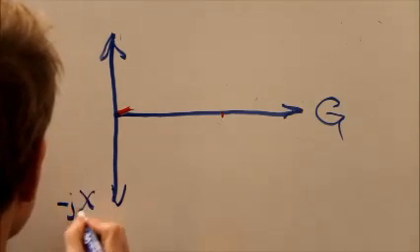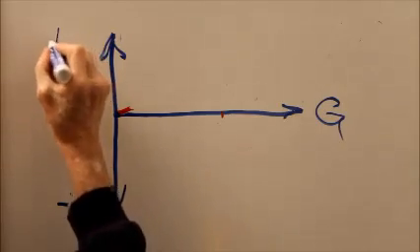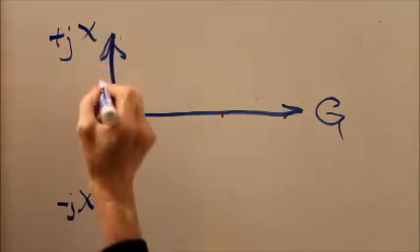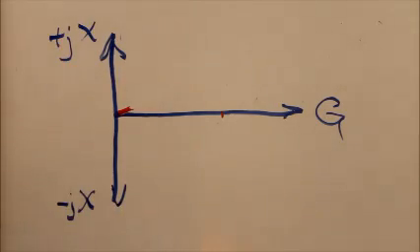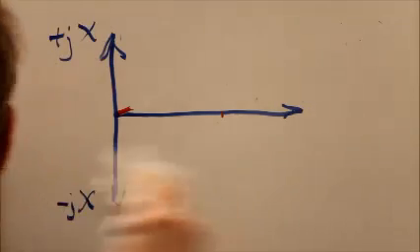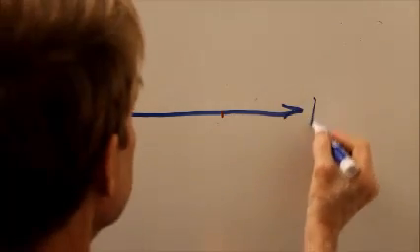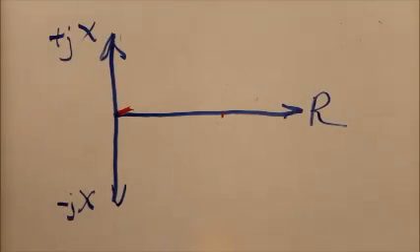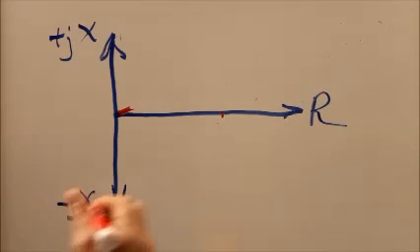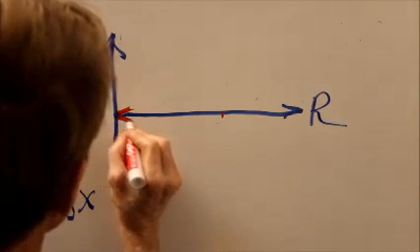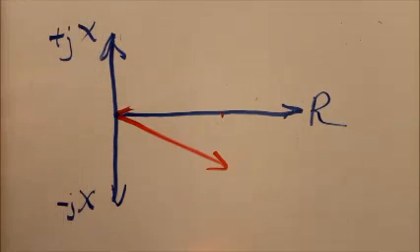Minus jX is capacitive reactance, plus jX is inductive reactance, and of course instead of G here we would have R, resistance. What we're going to get then is a vector that points downwards and to the right, somewhere in that quadrant.